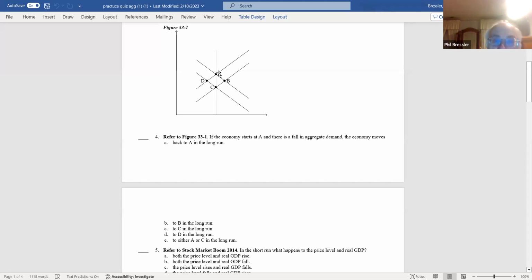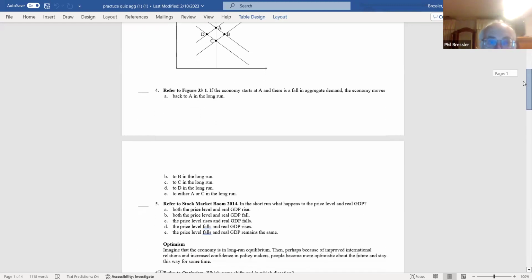Now, last thing I could say is if the economy starts at A, in the long run, price level down, output same. In the short run, you go from A to B, price level and output down. Okay, those are some of the things. But again, 4 is C as in Caroline by itself.